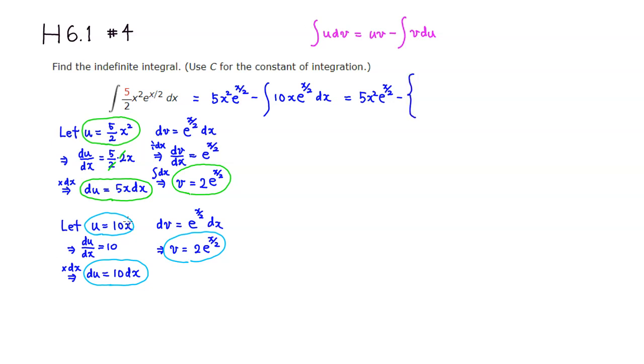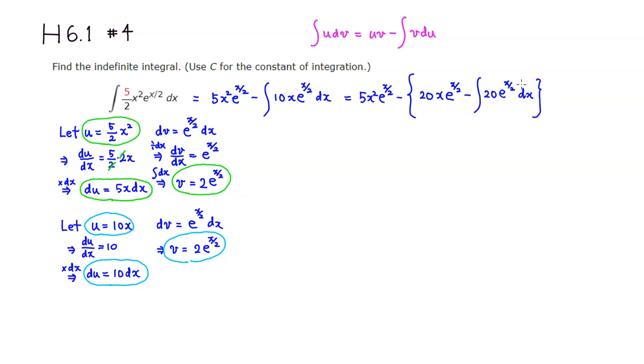So uv is going to give you 20x e to the x over 2, and then minus the integral of v du. So 2 times 10 is 20. So you have e to the x over 2, and also dx.